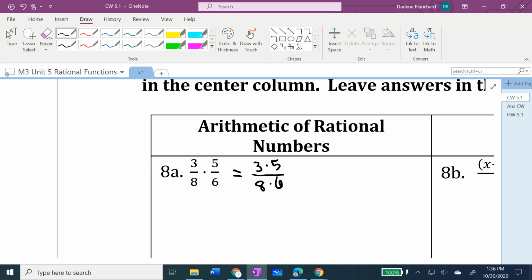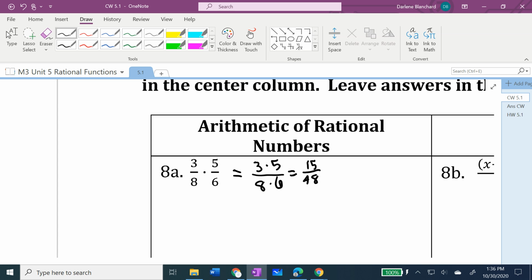But do you also see that you can make your life easier before you hit this step? Because if I do just flat out multiply across the top, multiply across the bottom, I get 15 over 6 times 8, 48. But that fraction can reduce.